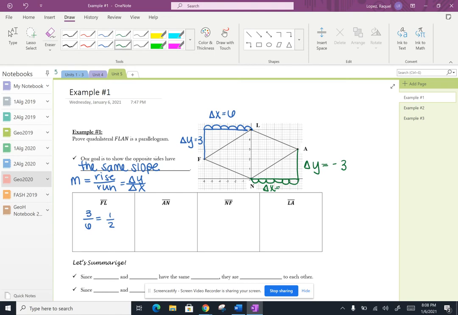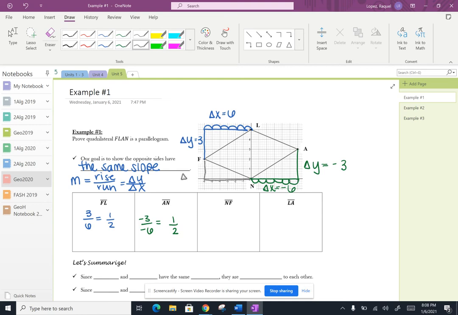That means my change in x is going to be -6. So my change in y is -3. My change in x is -6. A negative divided by a negative is a positive. So my slope simplifies down to 1/2. So far, so good. I've shown that FL and AN have the same slope. They're both 1/2.